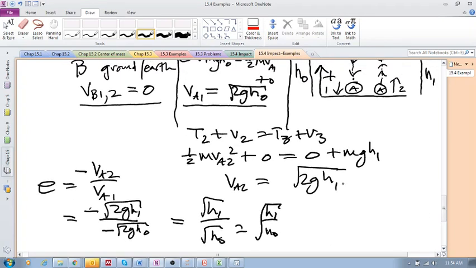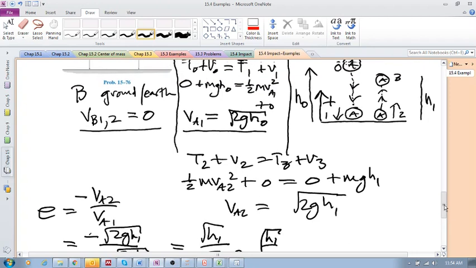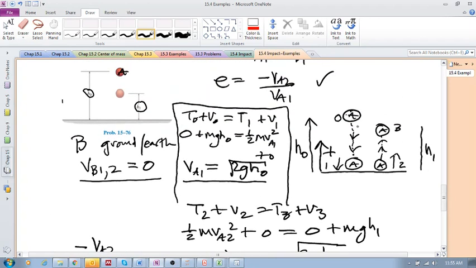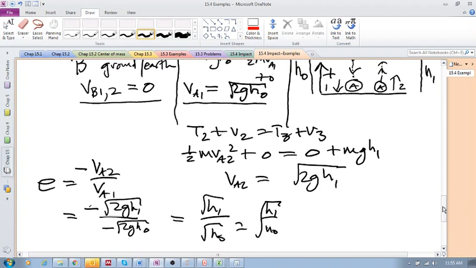Does this make sense, guys? Try to critically evaluate this. Yes, h1 is lower than h0, so h1 over h0 is going to be less than 1, and E is the square root of that number.